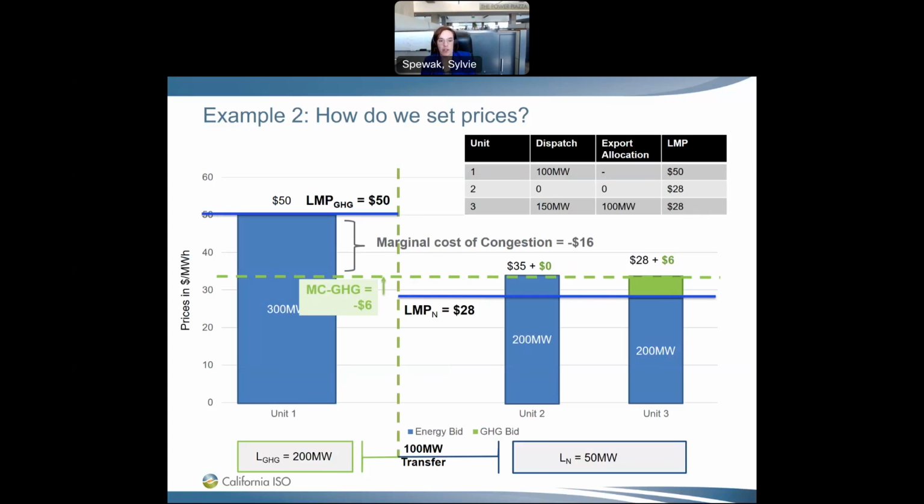So we don't want this resource to accrue any additional revenue beyond its bid price. So the LMP of 28 is an efficient price signal for Unit 3. An LMP of 28 plus 6 gives us $34 per megawatt hour. That's an efficient price signal for resources being considered for the GHG area.